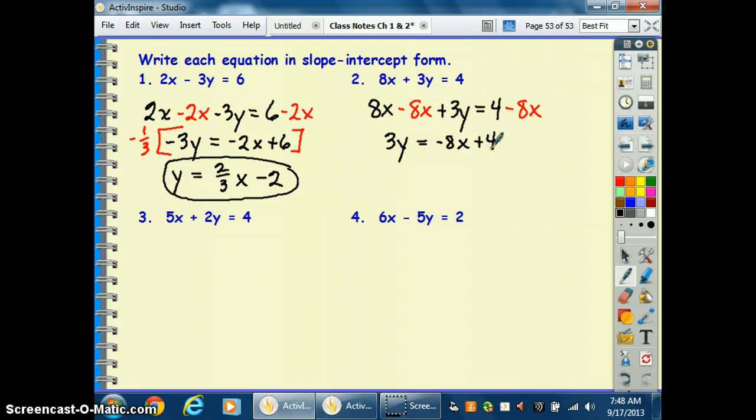We have to divide everything by 3, or multiply everything by 1/3. So we'll end up with y equals negative 8/3 x plus 4/3.